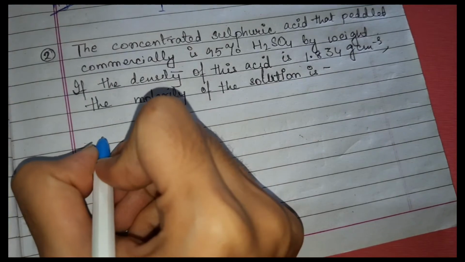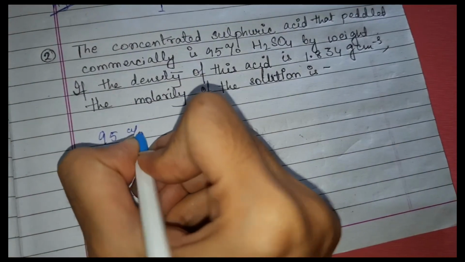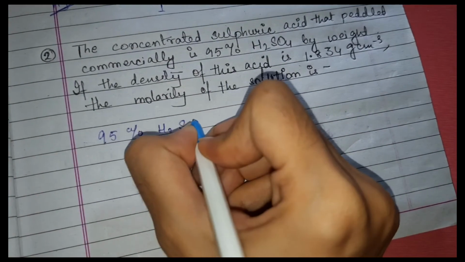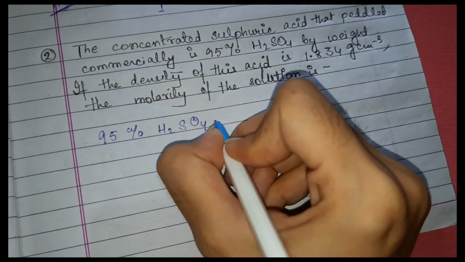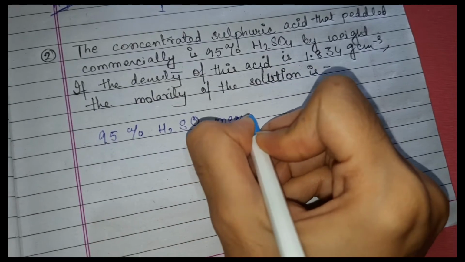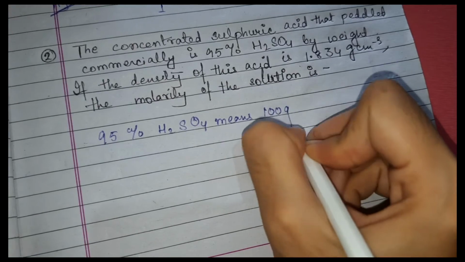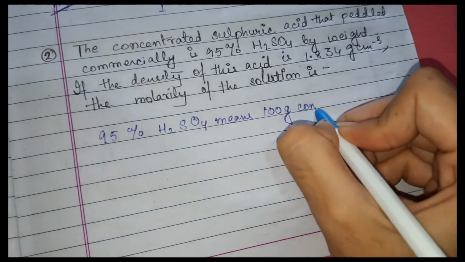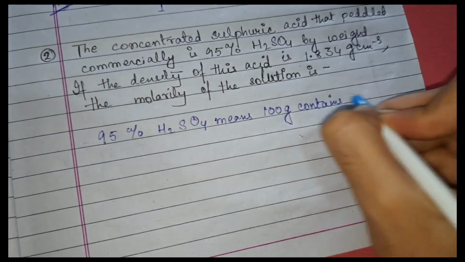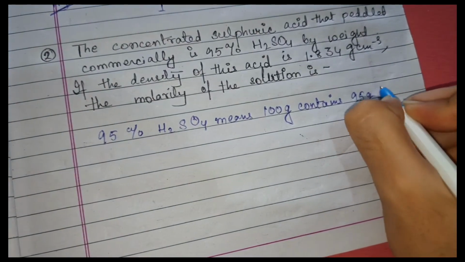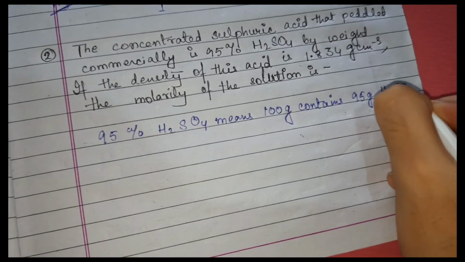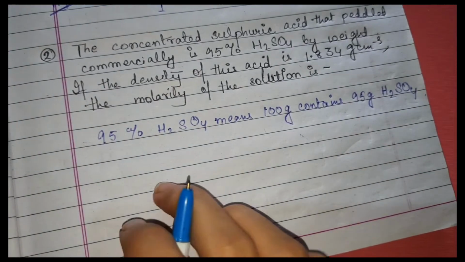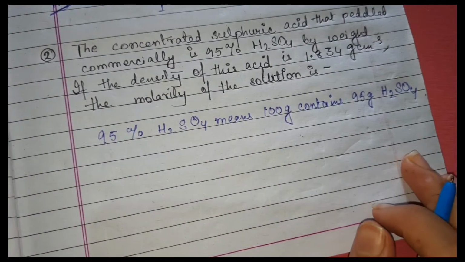By weight, that means what? 95% H2SO4 means 100 gram contains 95 gram H2SO4. I hope no doubt here.